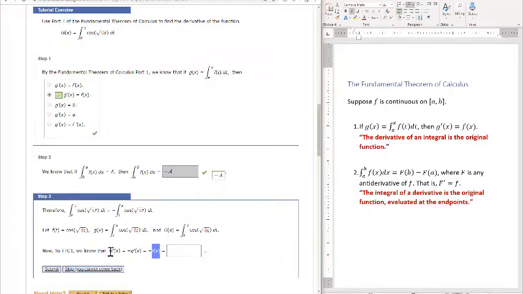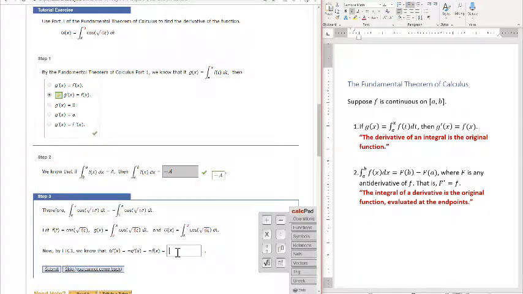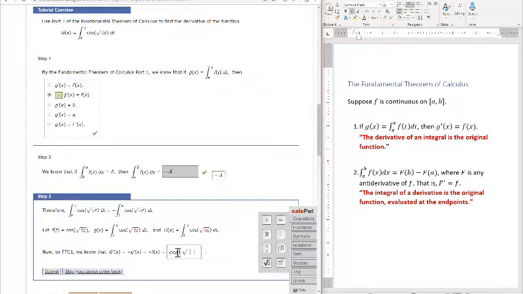But if we switch the order, they define that as capital G, then the derivative of that is the same as the f, which is cosine of square root of 6t. And so we want to replace the t with the x, and we also want to throw in the negative sign in front of that because of the order of the limits of integration.